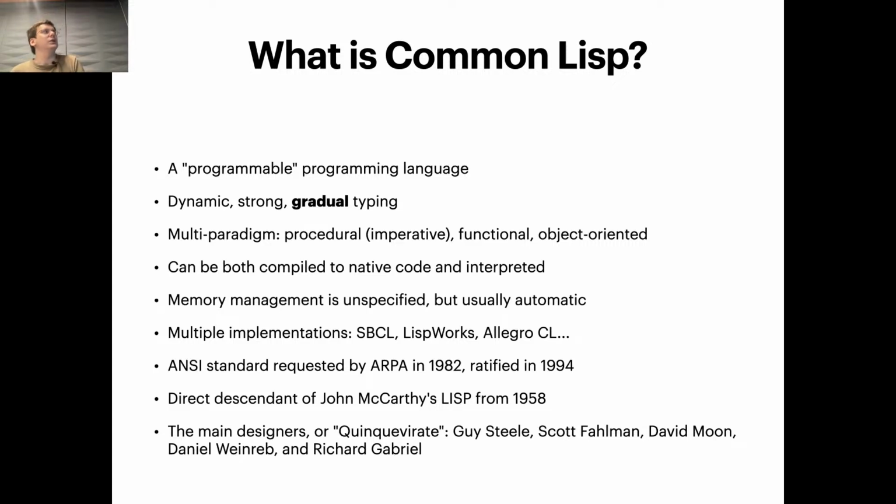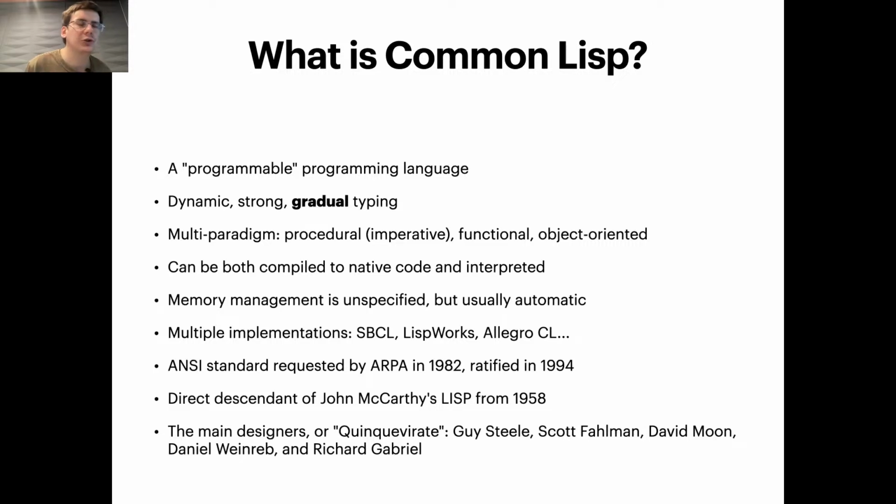It's multi-paradigm, so you can do procedural or imperative programming like in every other major language, like, I don't know, C, JavaScript, whatever, Python. You can have functional programming, like, well, in its earlier form.